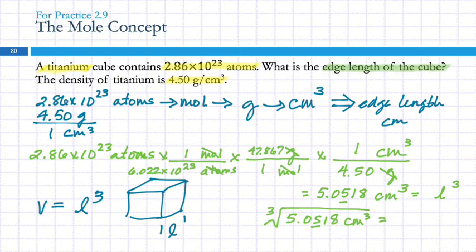So you put in 3 and then the little root symbol, and then the 5.0518 and press enter. 1.71. This is also going to have 3 sig figs. 1.72 centimeters. If your calculator doesn't have that button, take this number and raise it to the 1/3 power.